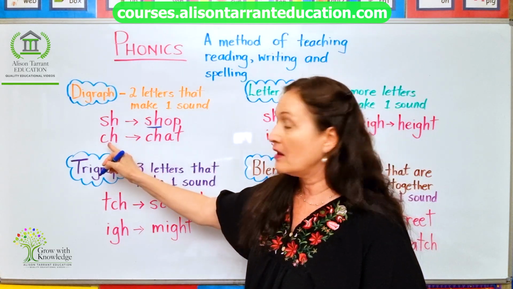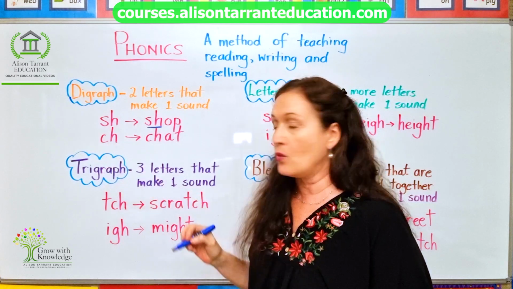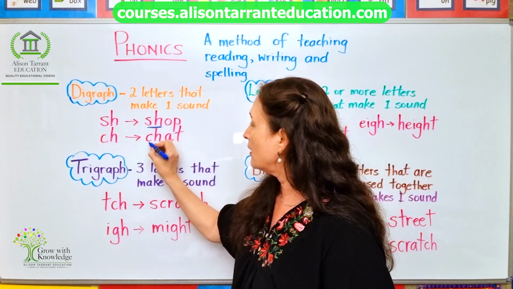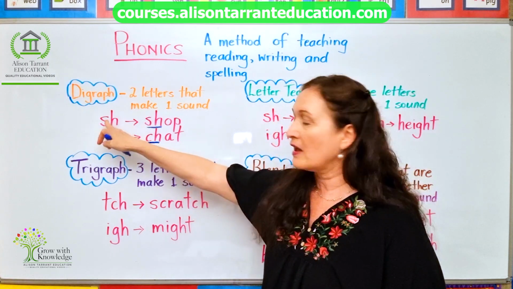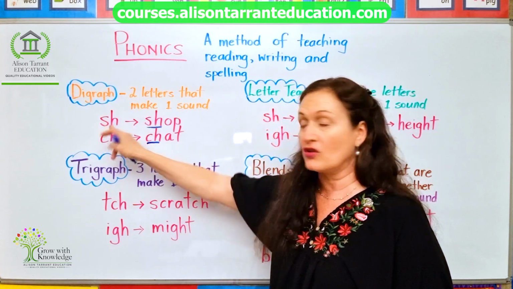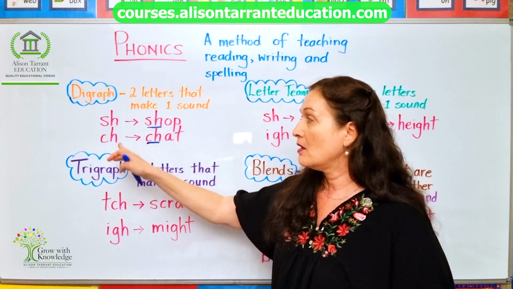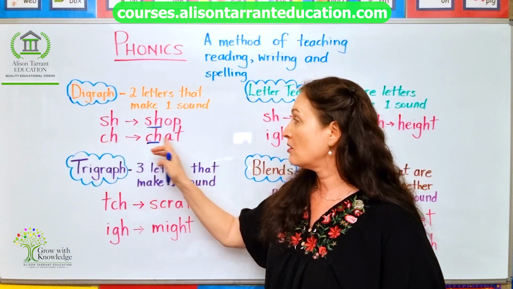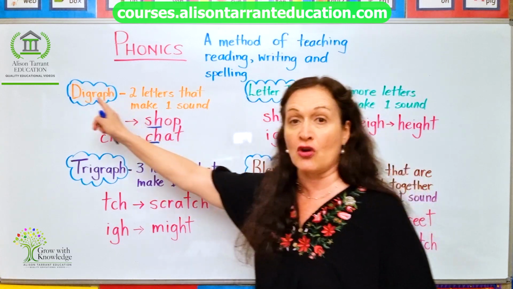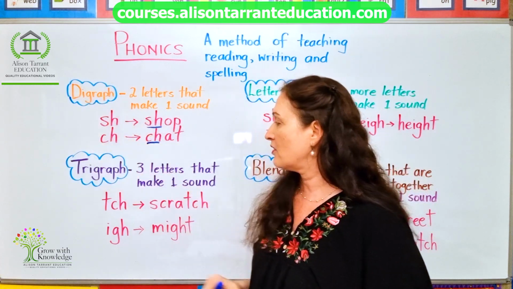So that is two letters that make one sound, and we're going to underline it in this. Ch, at. So two letters, SH says sh, as in sh, op, and CH is two letters that make the sound ch, as in ch, at. These are digraphs.